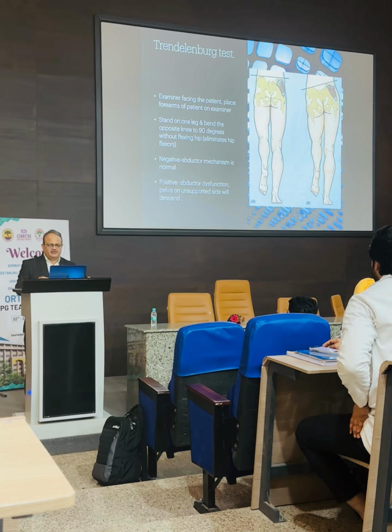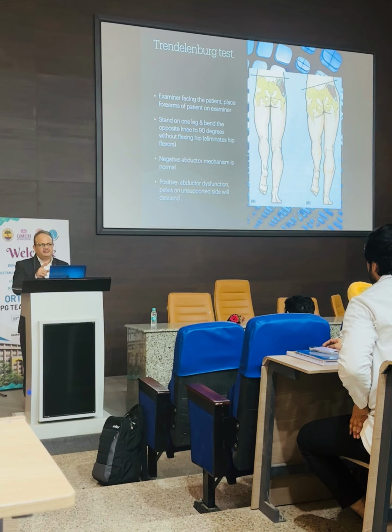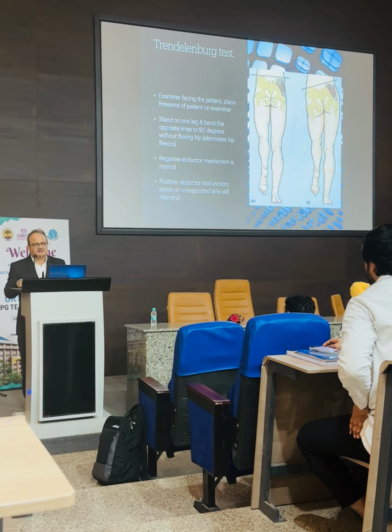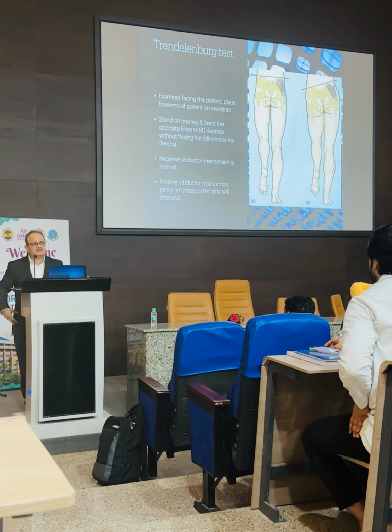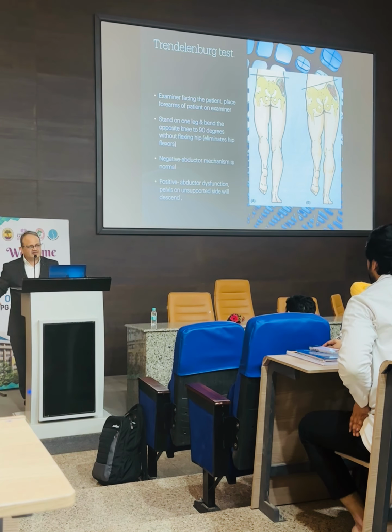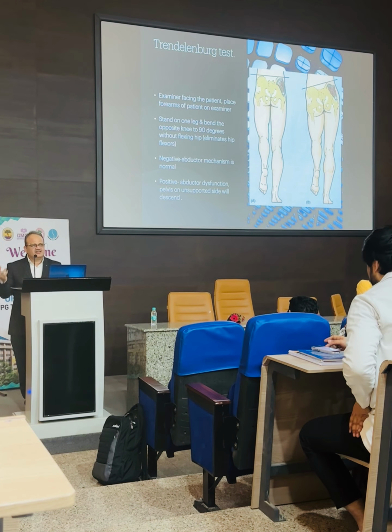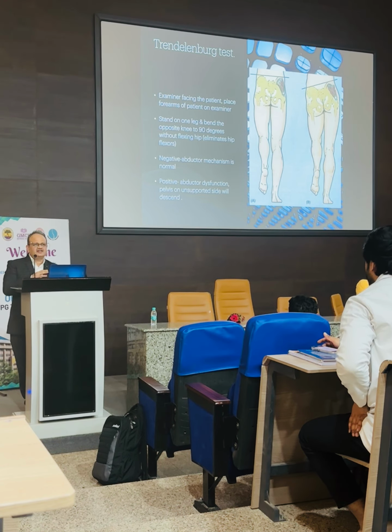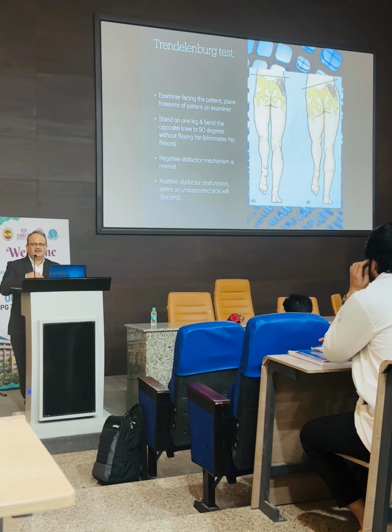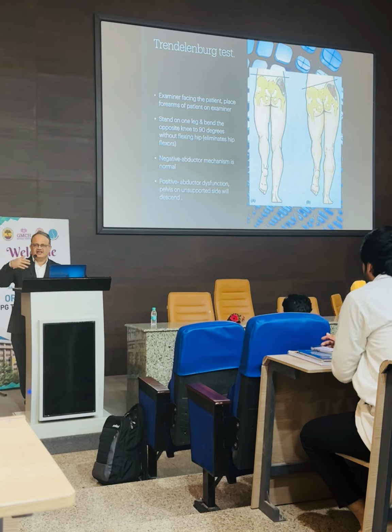And I classically stand behind, not in front, and see the pelvis drooping. If you have a Trendelenburg test present, it means he is able to stand on that limb for some time. And don't say that the gait is antalgic. On one side you are saying Trendelenburg test present, and the gait you are saying is antalgic.